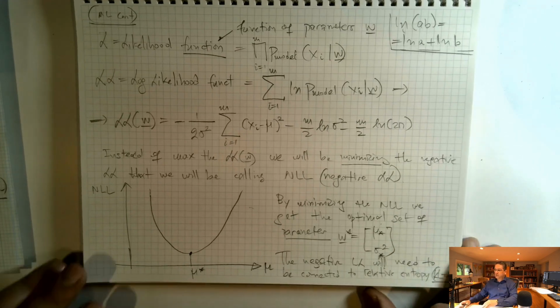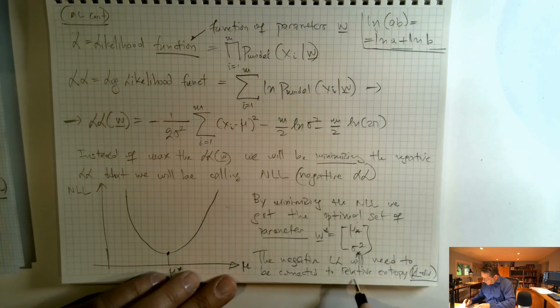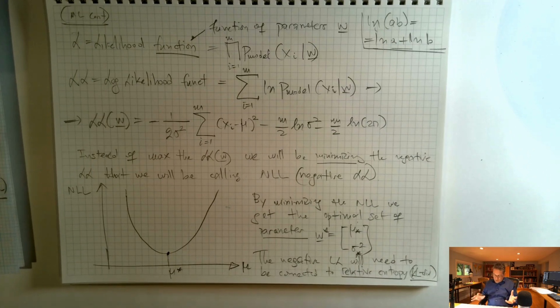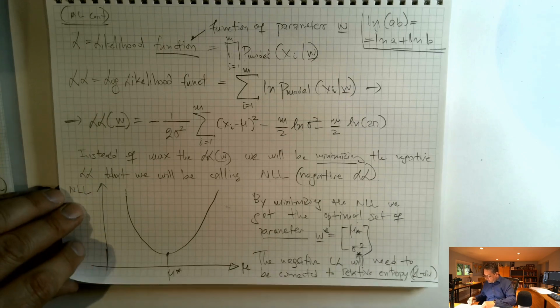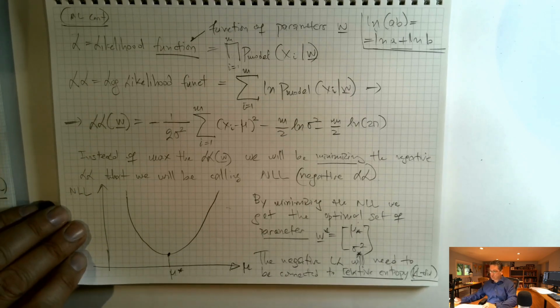KL divergence and relative entropy are one and the same thing. So let's try to make this connection and ultimately also connect with the cross entropy, because we said cross entropy is going to be our final destination in terms of loss. We need to do some manipulation in order to go from the negative log likelihood to relative entropy and then to cross entropy. That's what we'll do next.